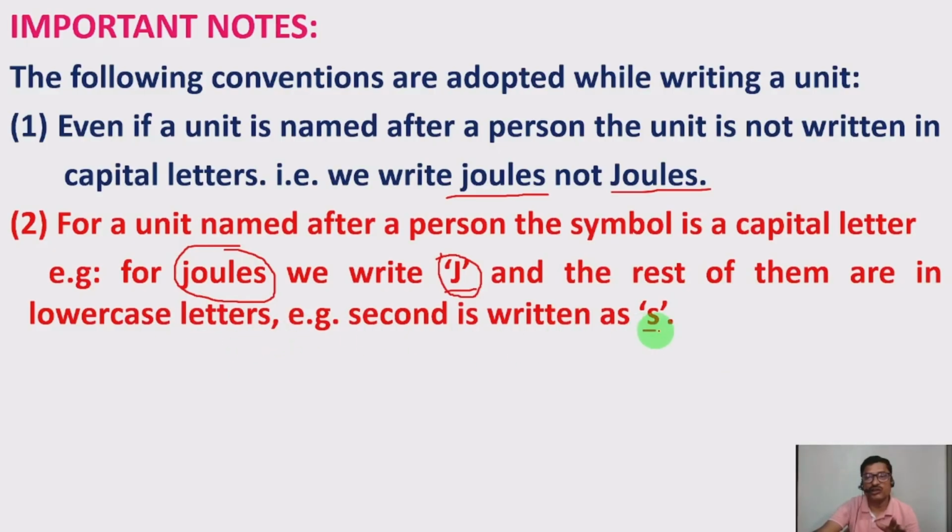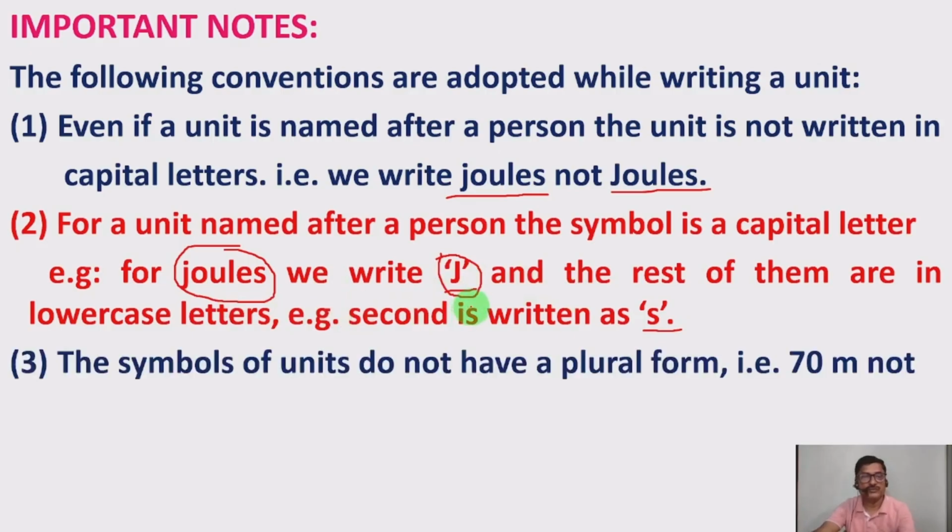The second is not a name of a scientist, that's why we take s. For temperature, kelvin, K only we take. Only if the name of a person is there, the unit symbol we need to take as capital, but the whole unit name in lowercase.